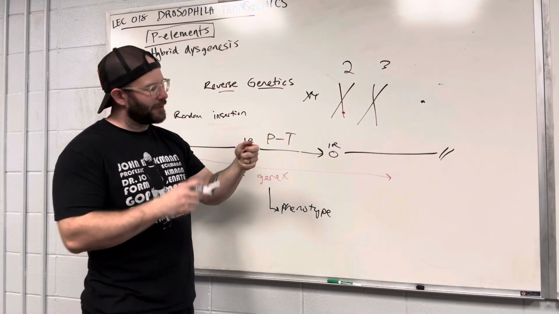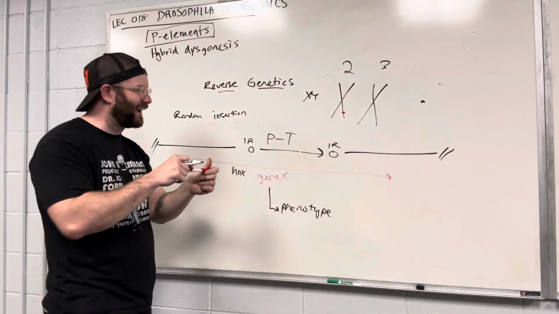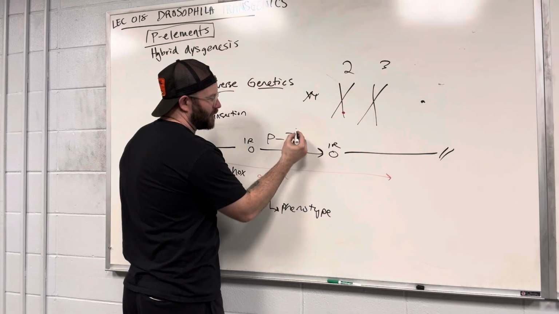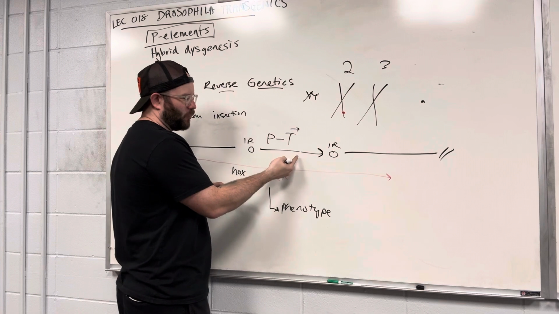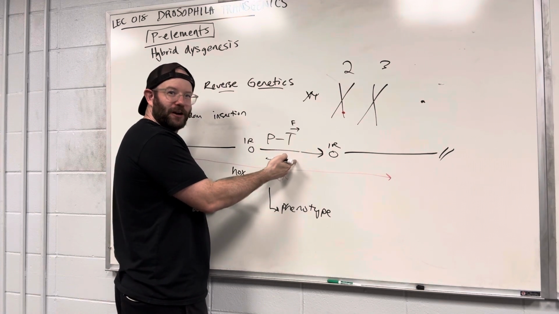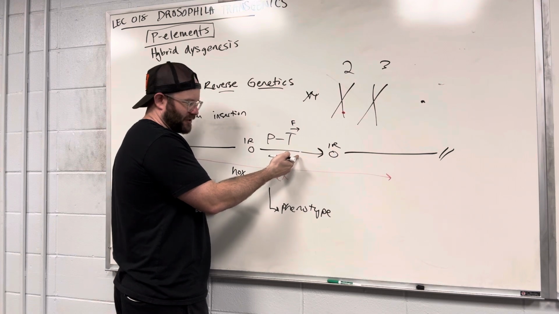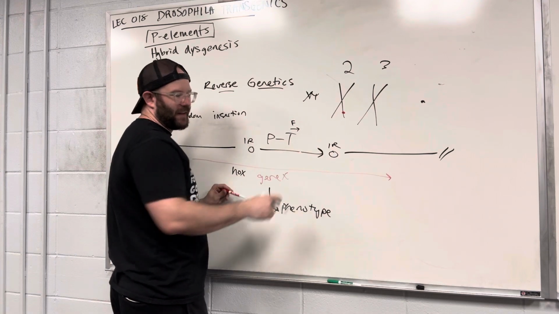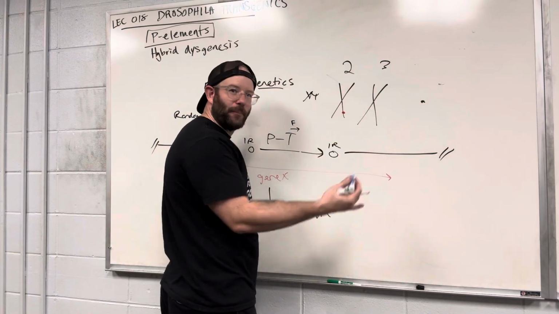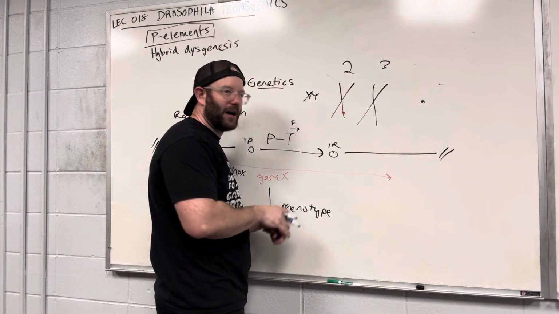Would you just do a PCR? Yes, you could just do a PCR. So you could design a PCR primer, maybe your forward primer, that is inside of your insertion, your P element. And then you can do what's called degenerate PCR, which is where you have kind of crappy primers that bind sloppily.